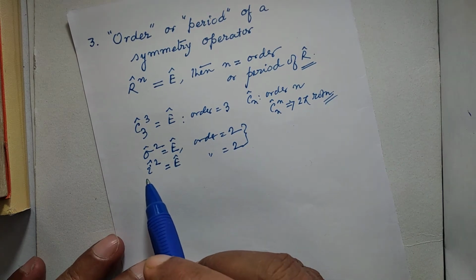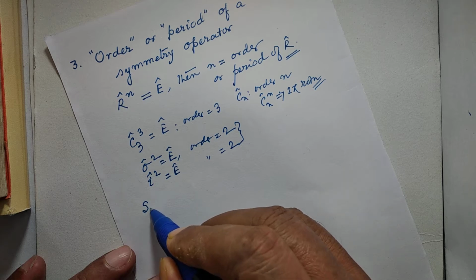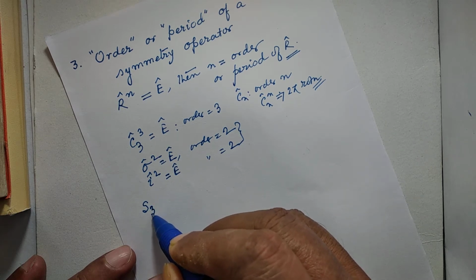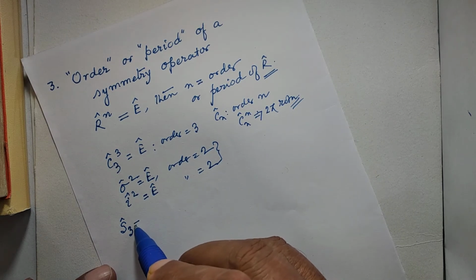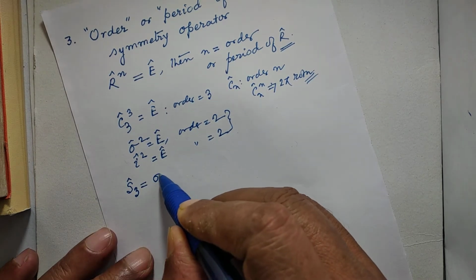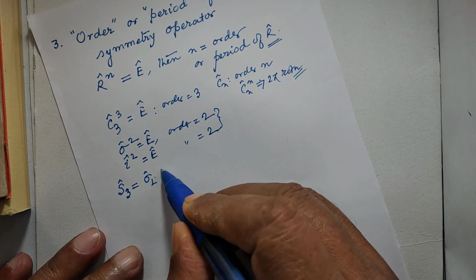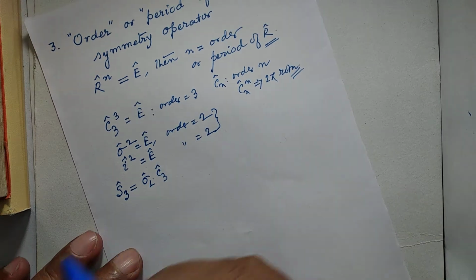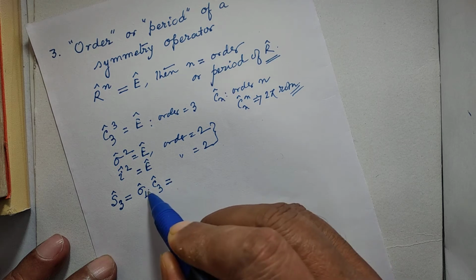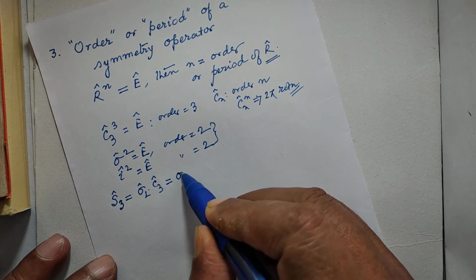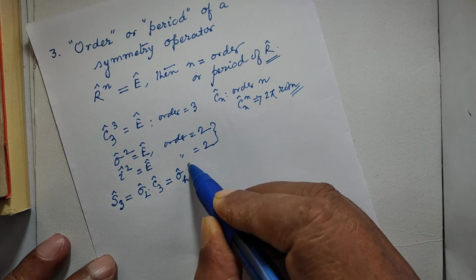Now, the interesting case is an improper rotation. Consider S3. S3 is actually equal to sigma perpendicular C3. If your molecule is a BF3 molecule, then this sigma perpendicular can be written as sigma H. I am taking this as an example.